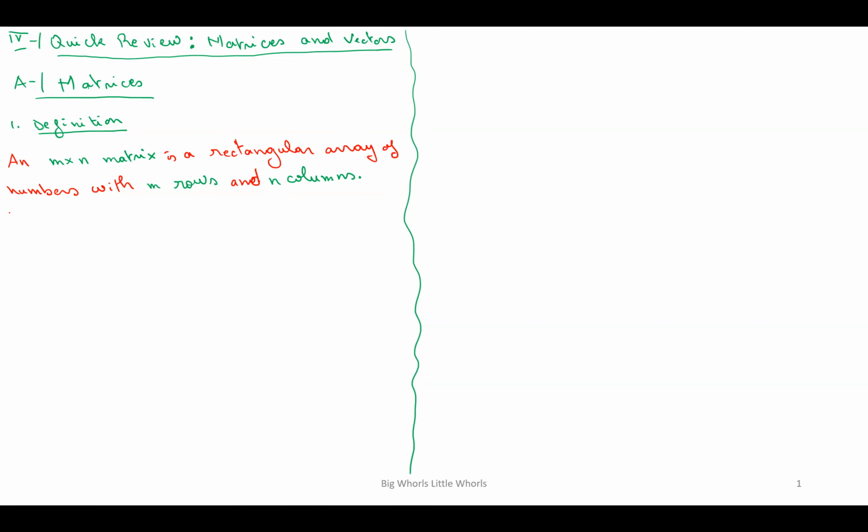Each number in the matrix is known as an entry. Each element or number in the matrix is known as an entry.